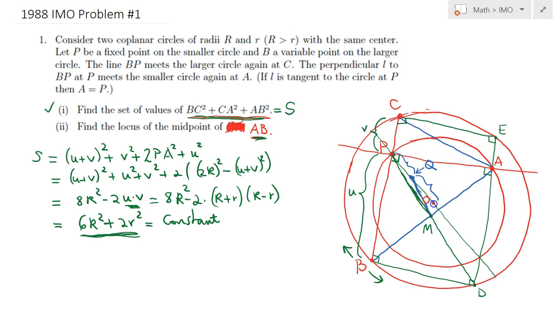O is the center of both circles, obviously, but if you focus on the big circle and rectangle BDEC, you would realize that O is where the two diagonals meet, and in fact, if I draw the diagonal CD, it will go through O.